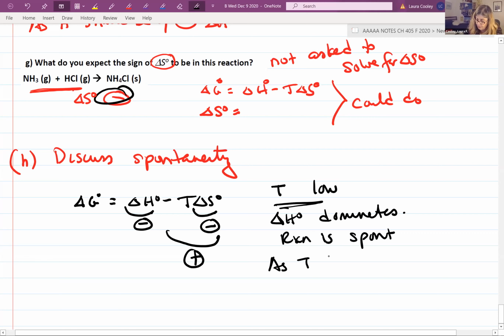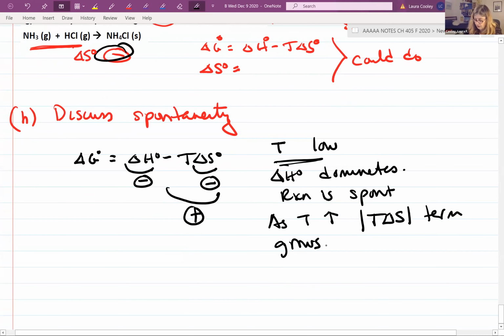But as the temperature goes up, the magnitude of the T delta S term grows and becomes more important. Eventually, the negative T delta S term is going to win.